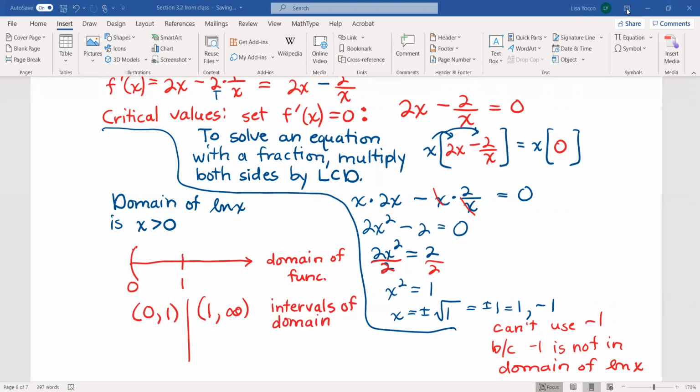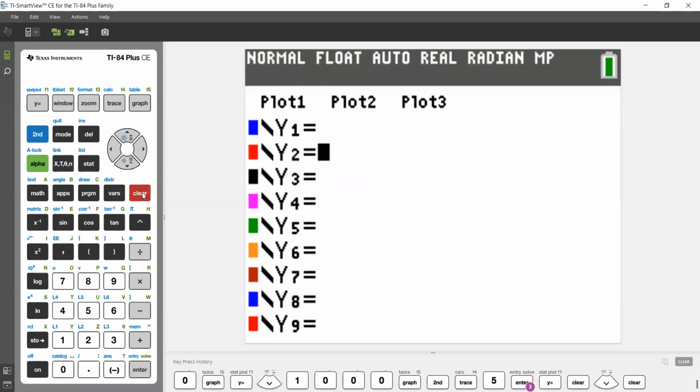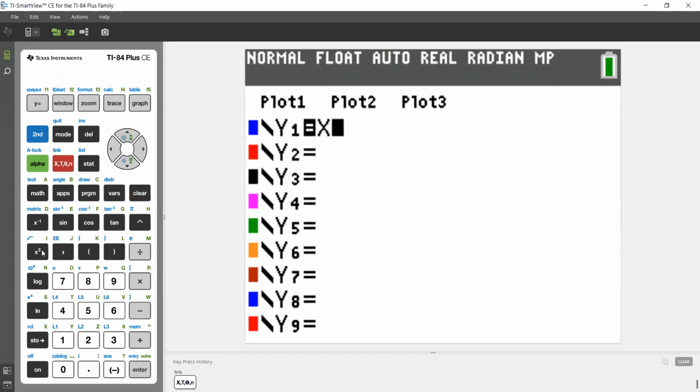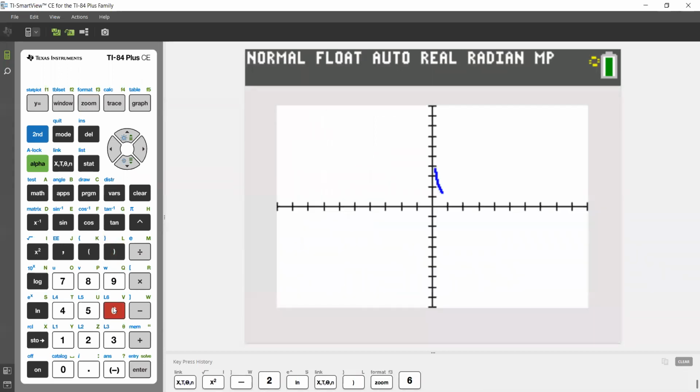It might help if we look at the graph of this thing. My function was x squared minus 2 times the natural log of x. If I just graph that in the standard window, that's what it looks like.